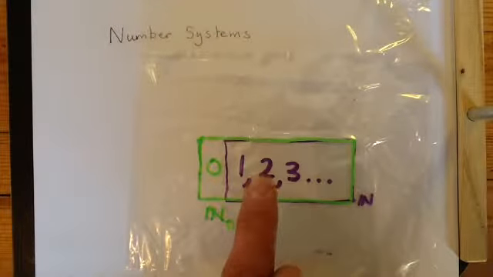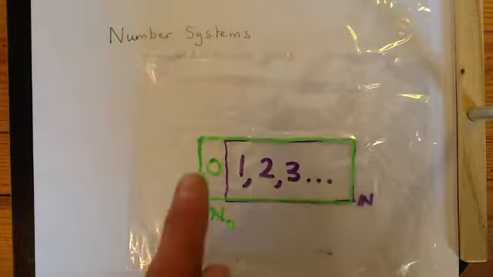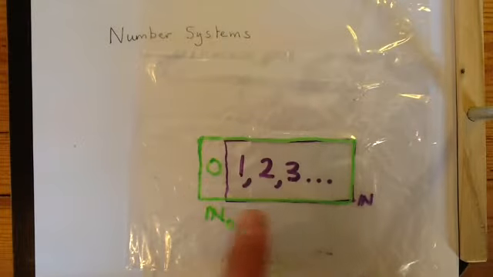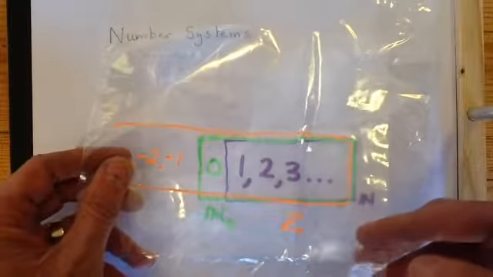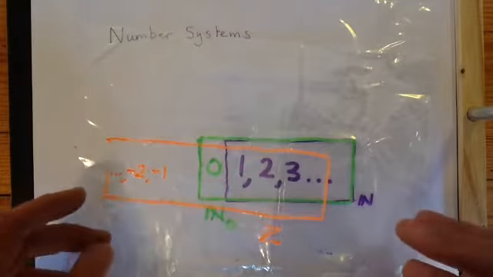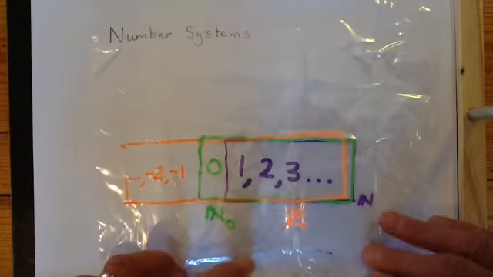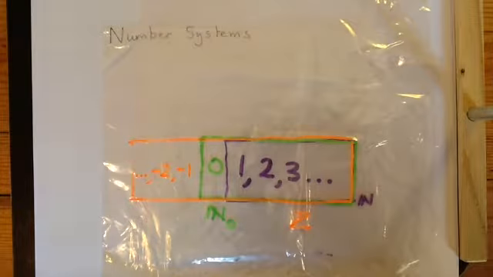But if you do 2 take away 3, you're going to get -1, which is not in our set of whole numbers. So we need our negative numbers now. So now I need to add another box, or put these inside another box, to get another set, which includes the other two sets.